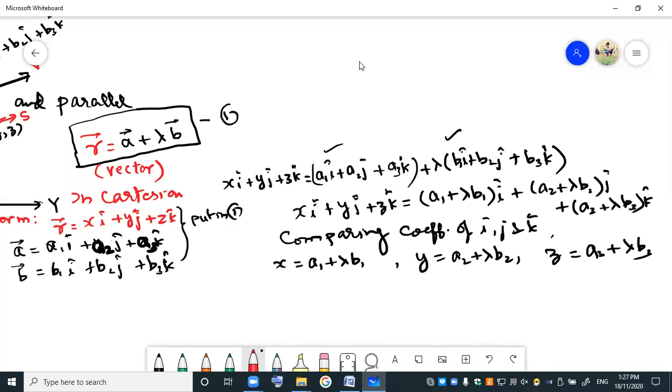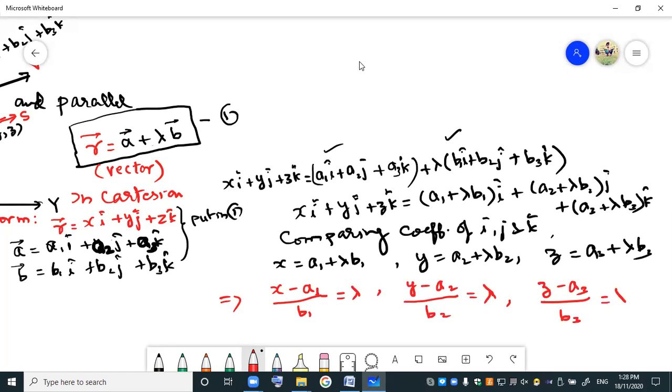Now, if you find the value of lambda from the first equation, it will become (x minus A1) upon B1 is equal to lambda, correct? From the second equation, we get (y minus A2) divided by B2 is also the value of lambda, and (z minus A3) upon B3 is equal to lambda.